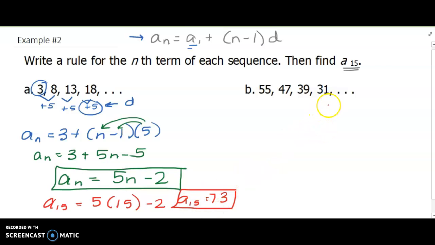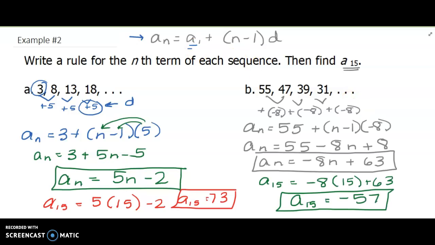Go ahead and try to do B on your own. Hopefully this isn't too difficult, and then we'll go over it. All right, so I've worked B out. I'm going to follow the same track and the same formula. So a sub n is equal to a sub 1. This is my a sub 1, and I know that because this is the first term of the sequence. These will always match. My common difference is I'm subtracting 8, so it's a minus 8.